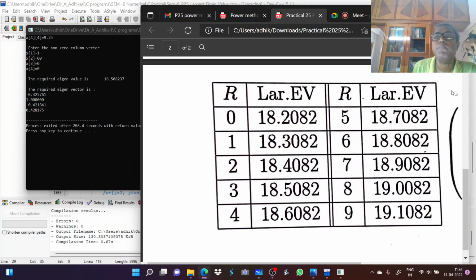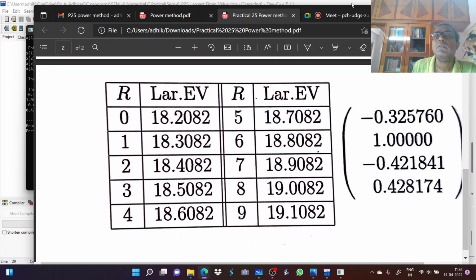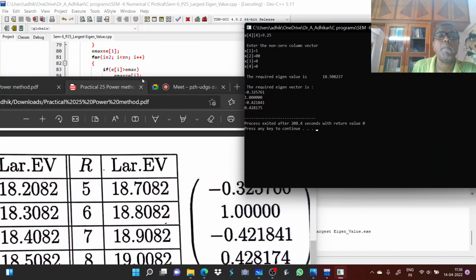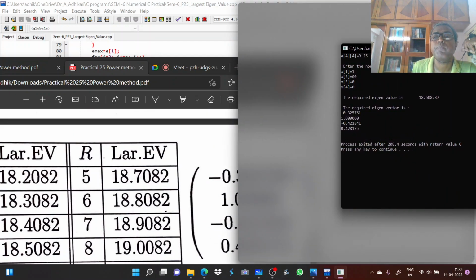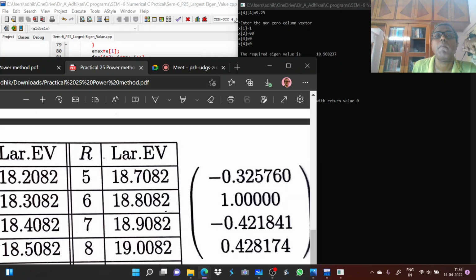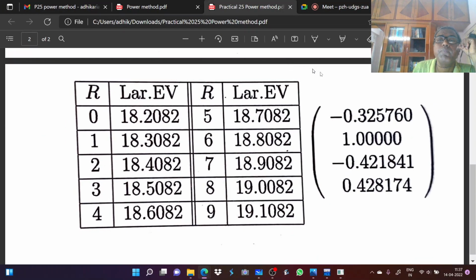And the eigenvector, minus 0.3257, minus 0.4218, 0.42817574, answer is correct.